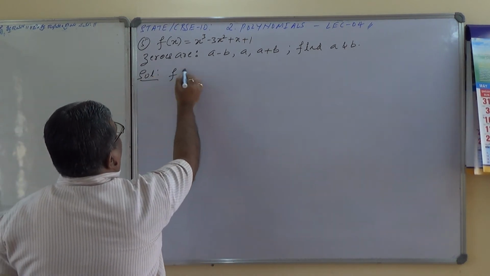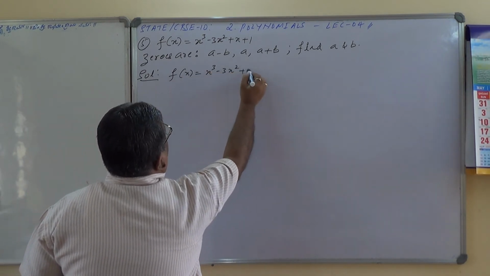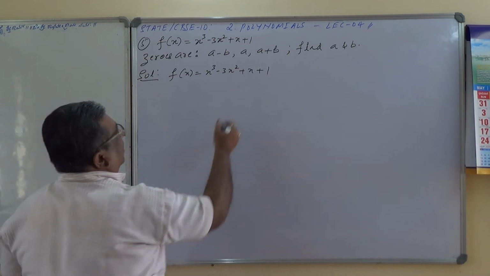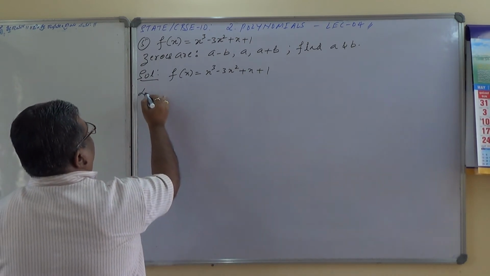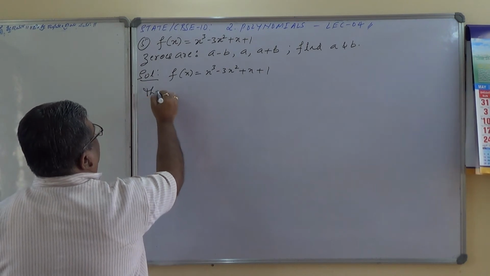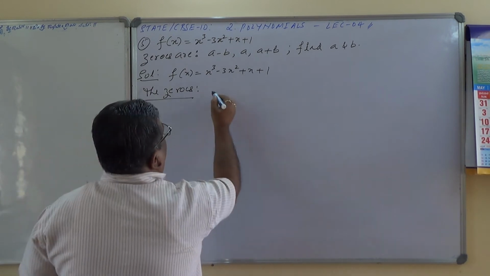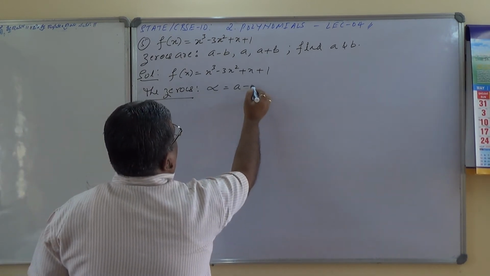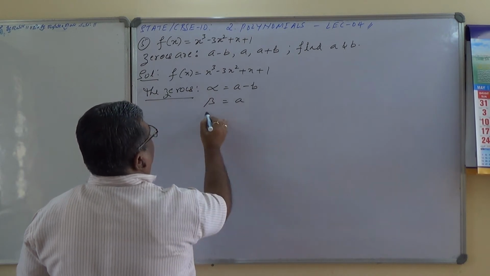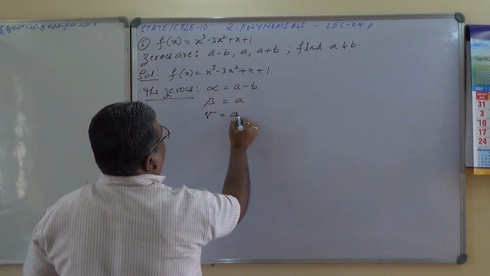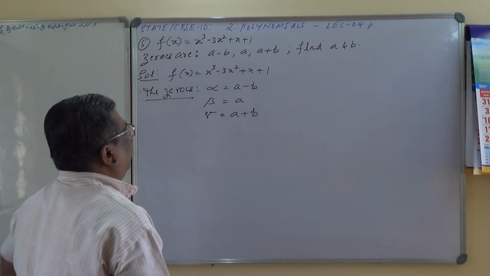Let me write first f of x, x cube minus 3x square plus x plus 1. Now the zeros are alpha equals a minus b, beta equals a, and gamma equals a plus b. These are the three zeros given.